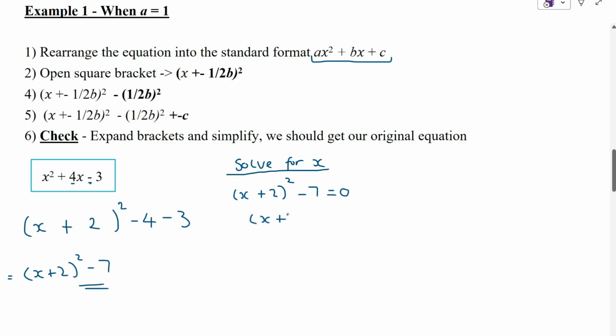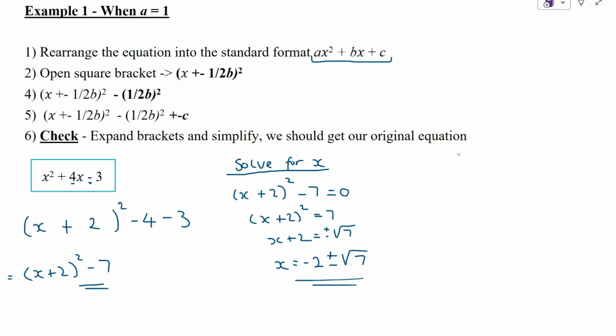So step by step, let's go through this. Take the 7 over. We have plus or minus the square root of 7. And now x is minus 2 plus or minus the square root of 7. And there we have our two values for x.